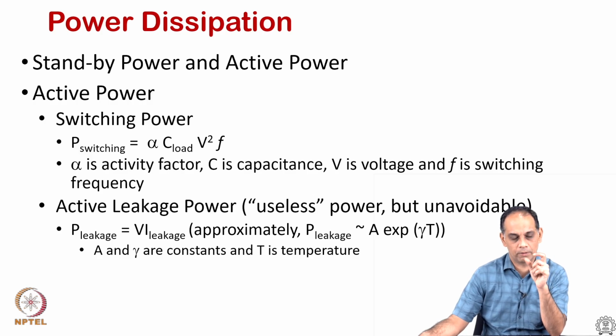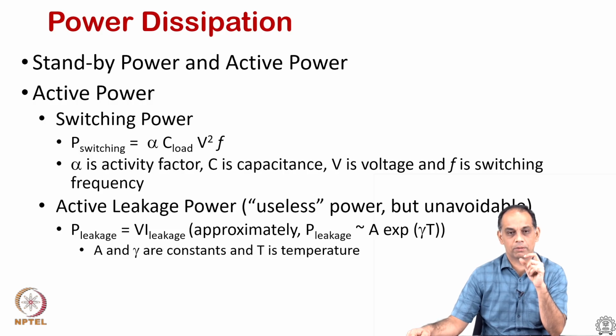One is the switching power, which is given by this expression, alpha times C load V squared F. C here is the capacitance of the transistor, V is the voltage, and F is the switching frequency, or the speed of your processor. Alpha is the so called activity factor. Activity factor is nothing but the number of transistors that are actually on while performing this operation.